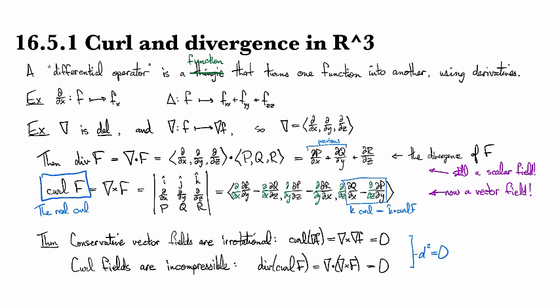You can see this is going to cancel with this guy because of mixed partial derivatives being equal, and this is going to cancel with this guy for the same reason, and this with this guy for the same reason. So it's good old Clairaut's theorem that makes this all work out yet again.